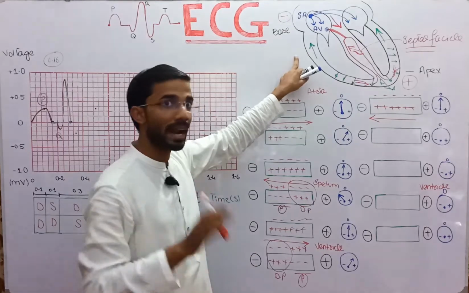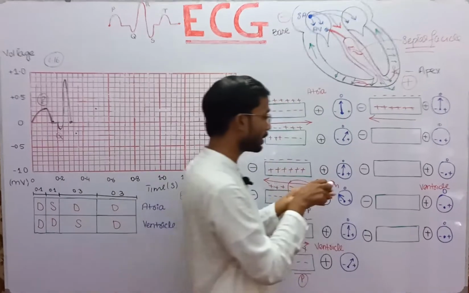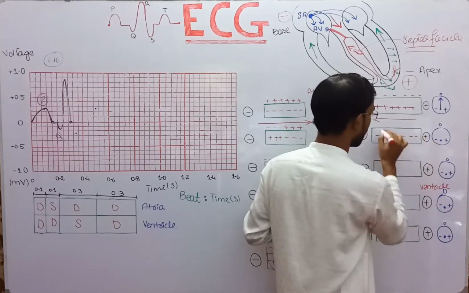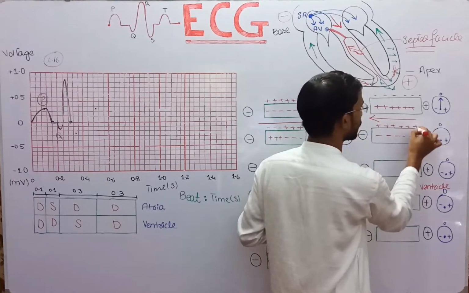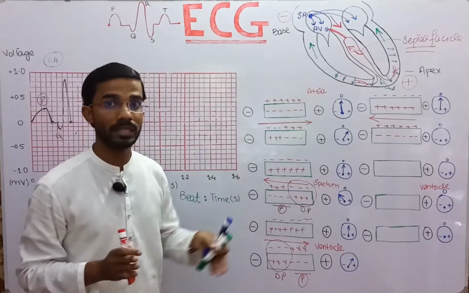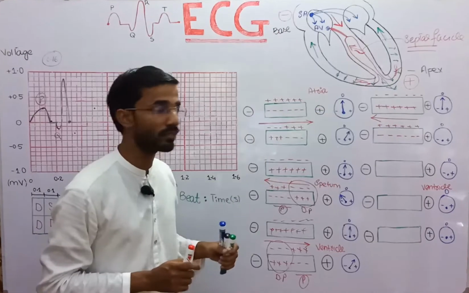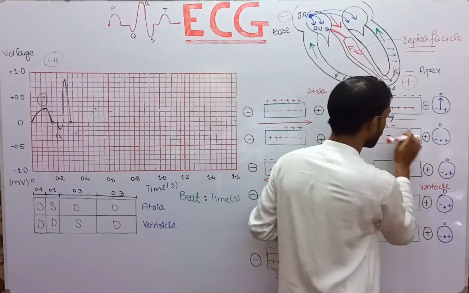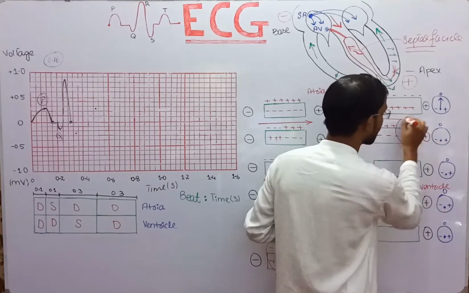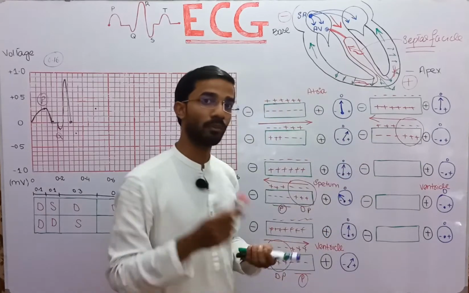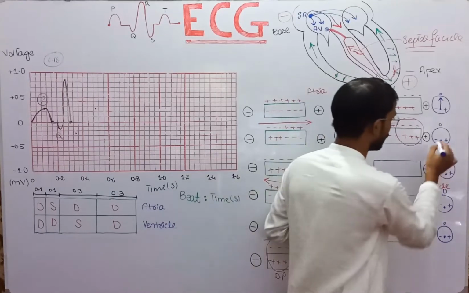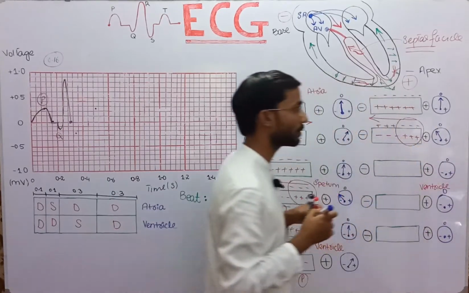Actually, at rest they are in a polarized state, and when the potential reaches there, they start depolarizing from positive to negative. Then what will be the direction of the needle? The needle will move in the negative direction.